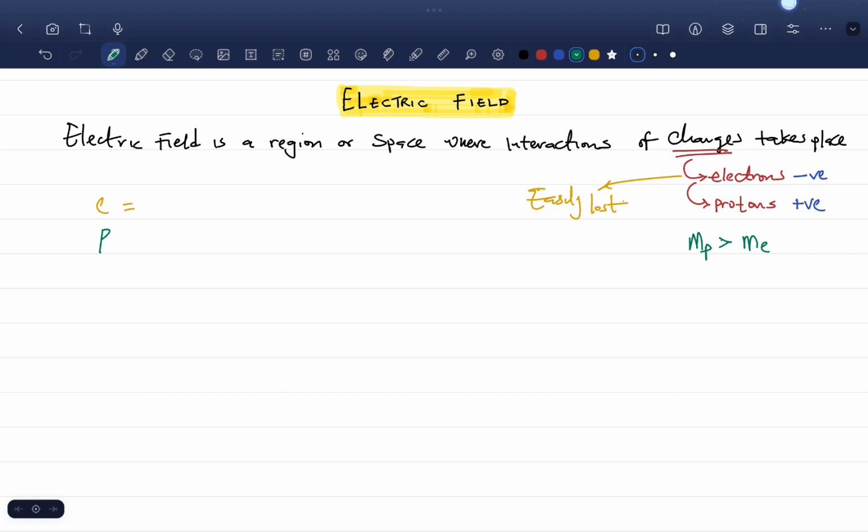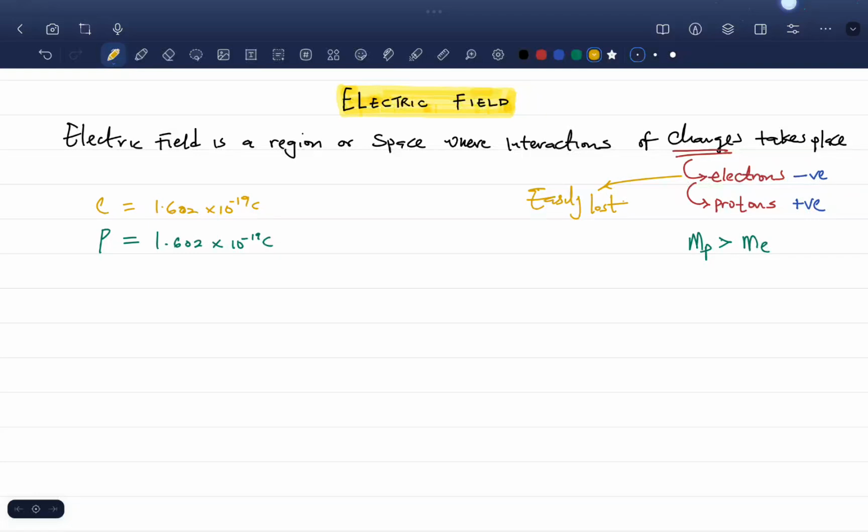But in terms of charge, the protons have the charge of 1.602 by 10 to the power of negative 19 coulombs. And this is also the same charge as that of the electrons; the electrons also have 1.602 by 10 to the power of minus 19 coulombs.